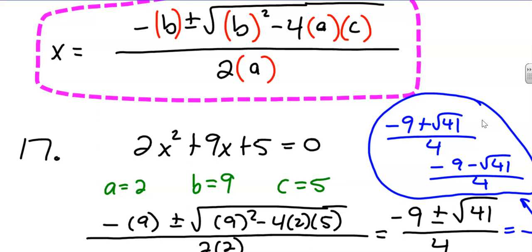Okay, 18. The only thing they ask you to do different on 18, we're still going to go back and use the quadratic formula. With 18, instead of leaving the answers in radical form, where it says give the exact answers, it does say to then round your answers to the nearest hundredth. So when we go back and do 18, we've got to take these two numbers and actually change them into decimal numbers to get what we're looking for.